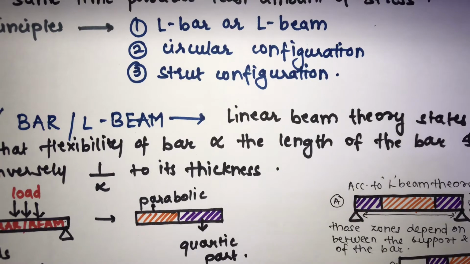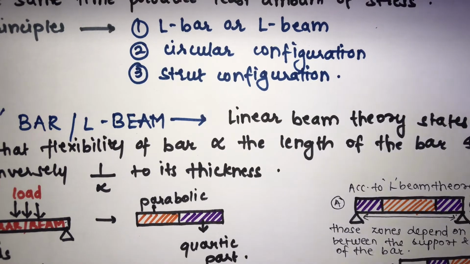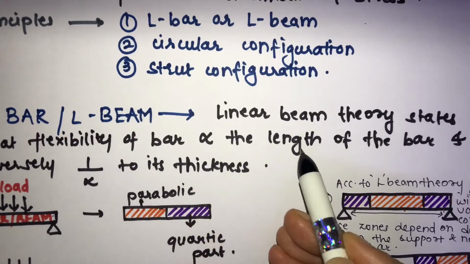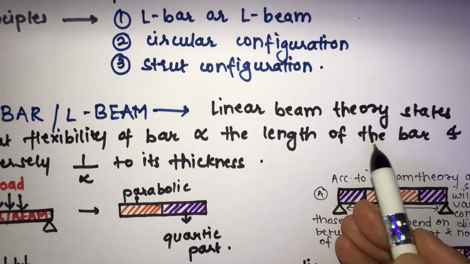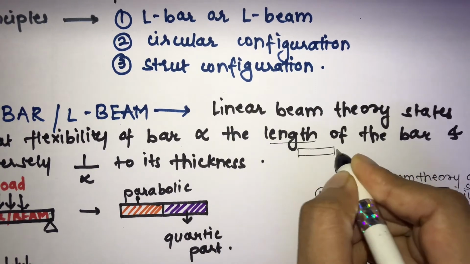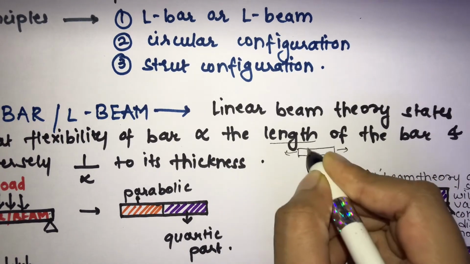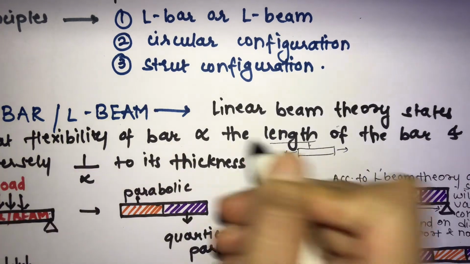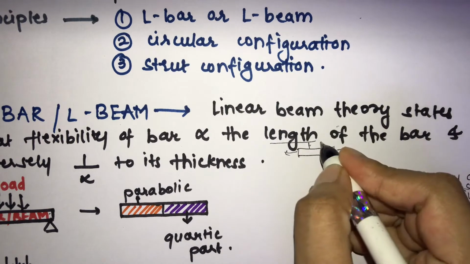theory. It states that the flexibility of the bar is directly proportional to the length of the bar. So if the length of the bar increases, then the flexibility of the bar also increases, and we don't want that.